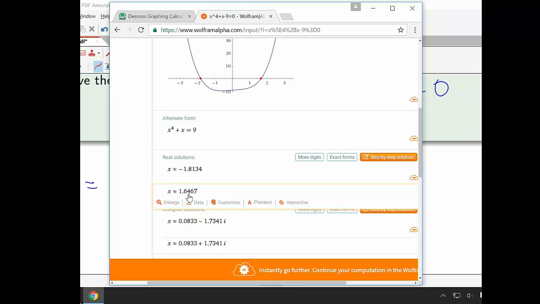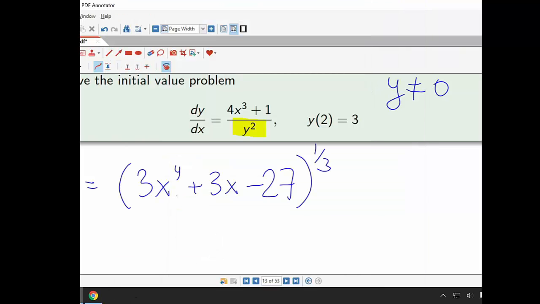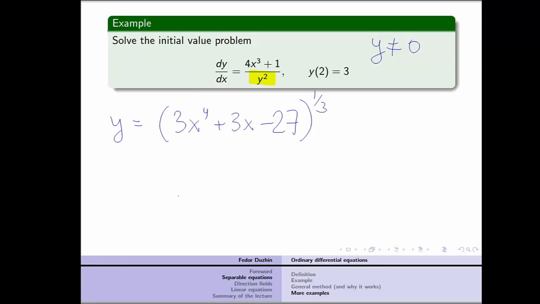So which means where x is bigger than 1.6467 approximately.